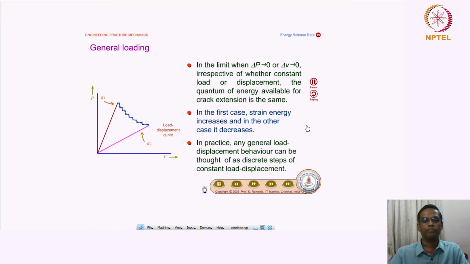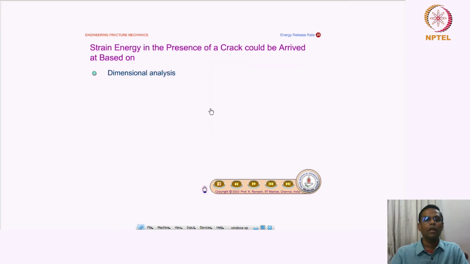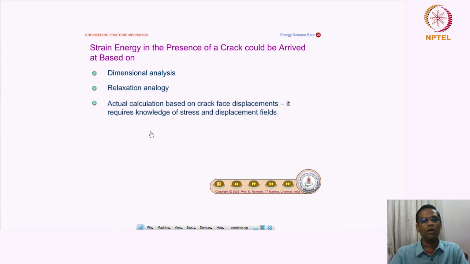So what happens is, strain energy in the presence of a crack could be arrived at based on dimensional analysis or a relaxation analogy, or actual calculation based on the crack face displacements, but it requires knowledge of stress and displacement fields.